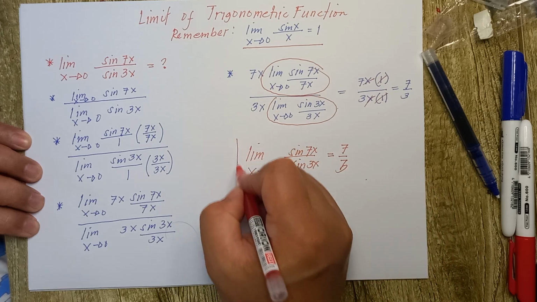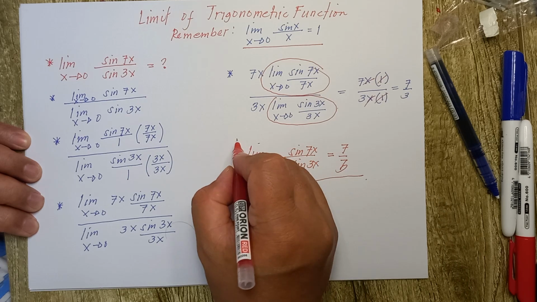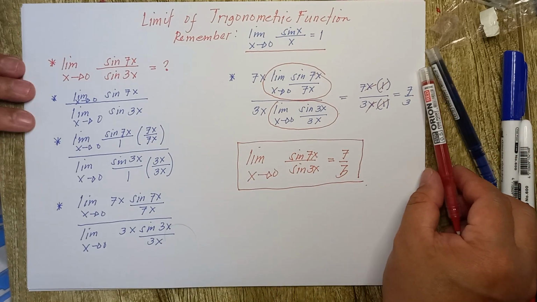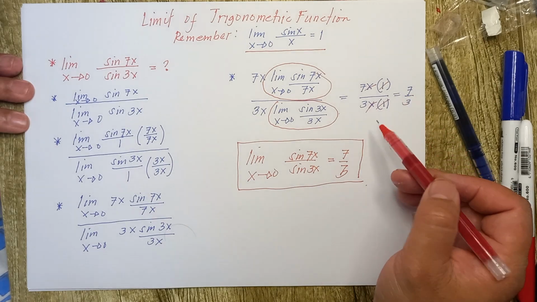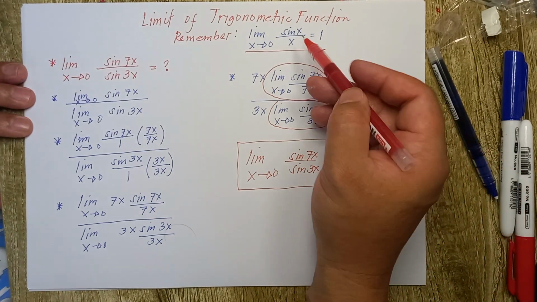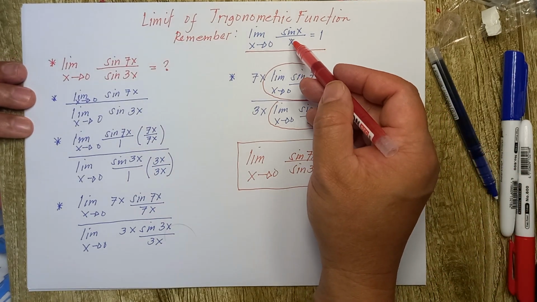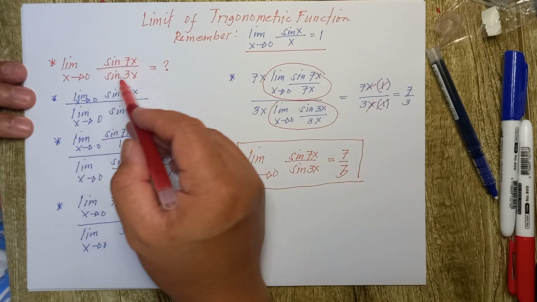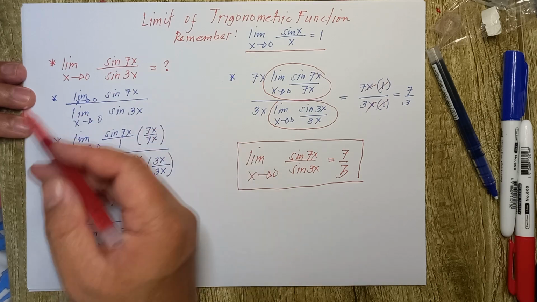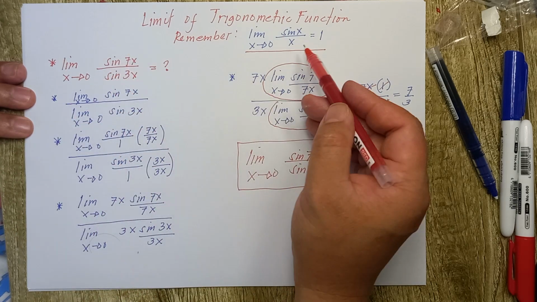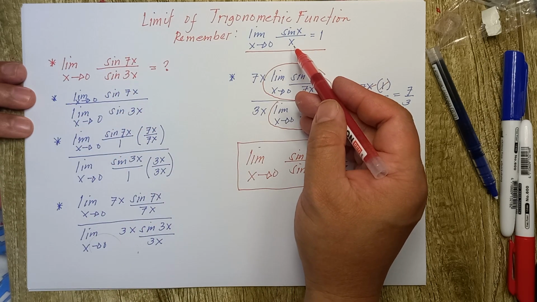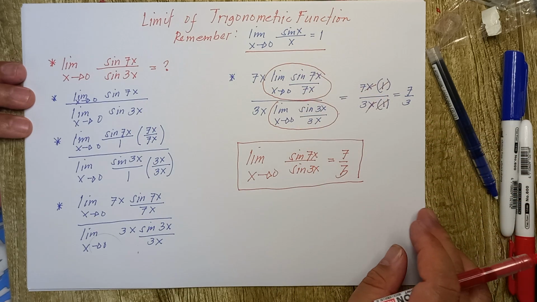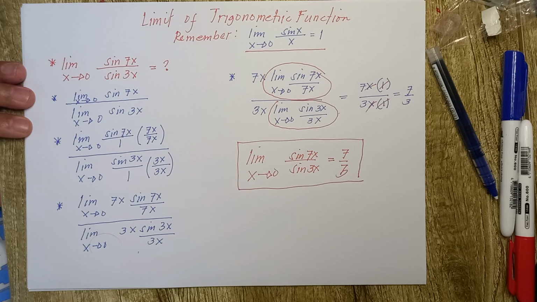Okay, so that is the problem. I hope you understand the procedure. So again, what are we emphasizing in here? In a problem such as this one, we have to liken this sine 7x and sine 3x into this form so that the result will give you 1. Okay, so I hope you got the problem.